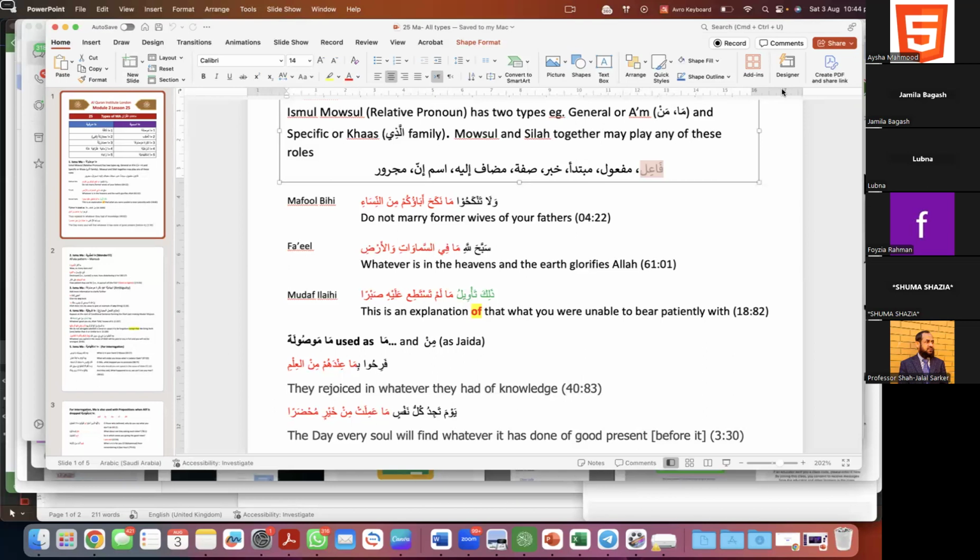If you look at ma fi samawati wal ard, what is the meaning of that? Whatever is in the heavens, in the sky and the earth. Think about it: it's one unit, one compound. Whatever is in the sky and in the earth. Clear?